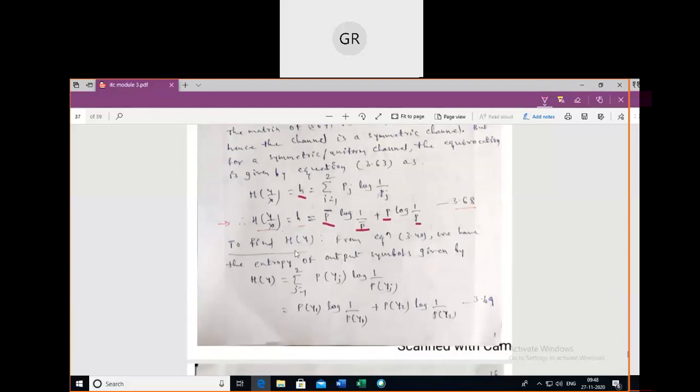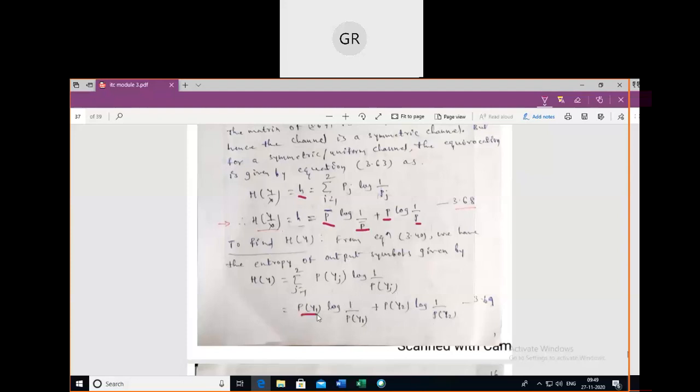Now we can find the H of y. How can we find the H of y? Here we know that H of y is the output entropy, the entropy of the output symbol. H of y is the sum from j equal to 1 to 2 of p of yj log of 1 divided by p of yj. Here you can write the probability values: p of y1 log of 1 divided by p of y1 plus p of y2 log of 1 divided by p of y2.